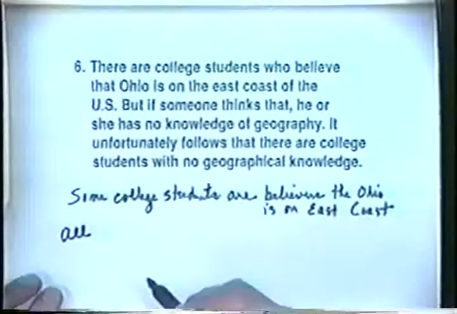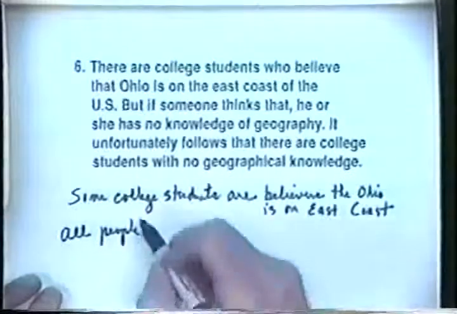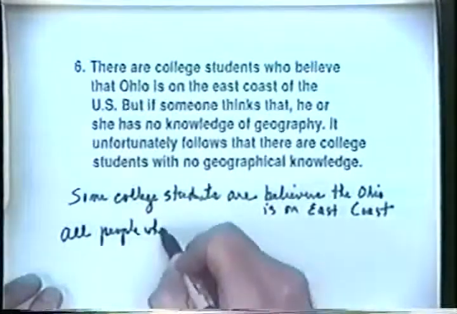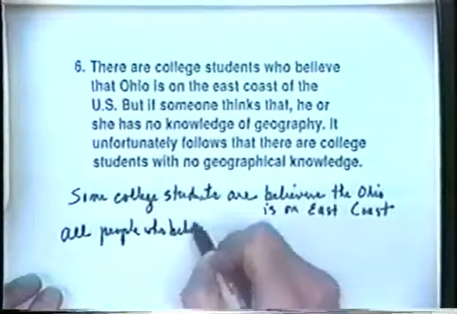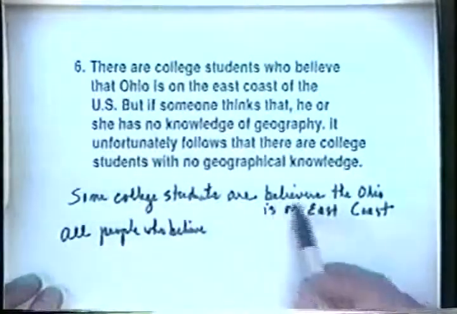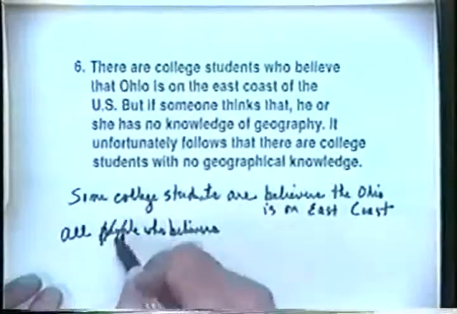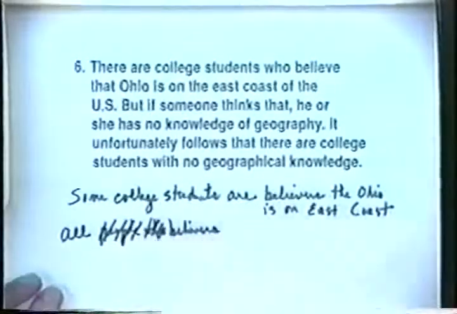So the quantifier all, people who believe. Notice, in fact, we could even shorten that because we've got believers here. So we could make this the substantive believers and get rid of this people who. That would make it even a little better.